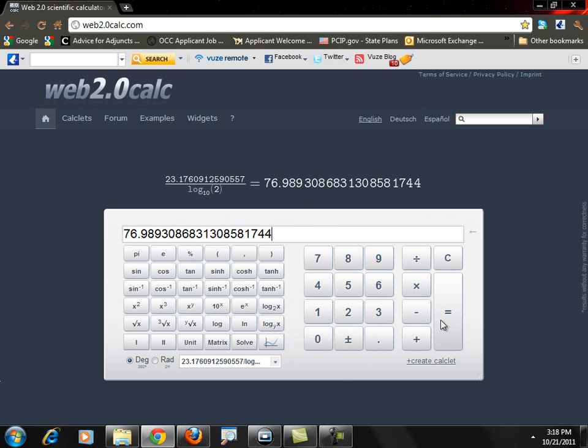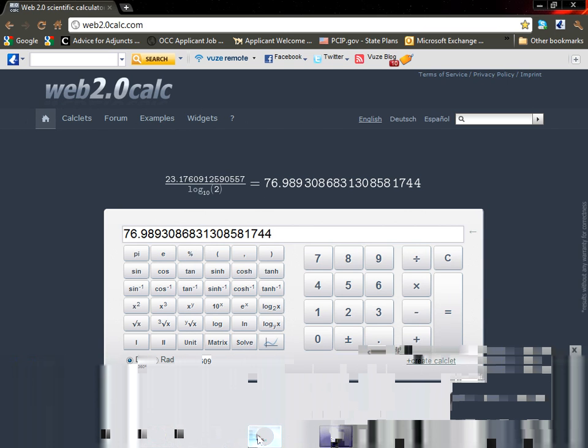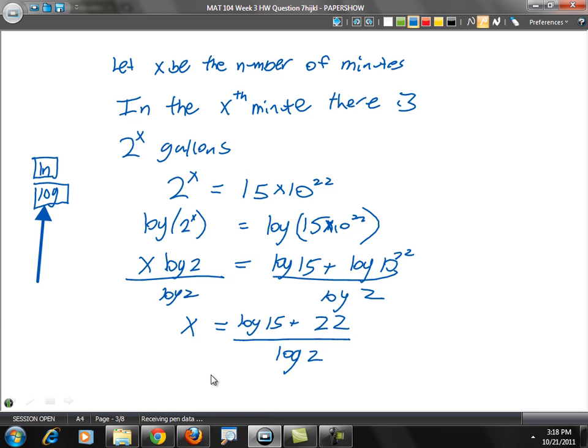It's real close to 77. We're going to round it to 77, and we're going to get that x is approximately equal to 77 minutes. 60 minutes in an hour, so it's 1 hour, 17 minutes.